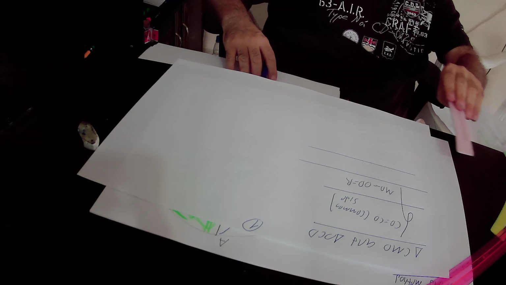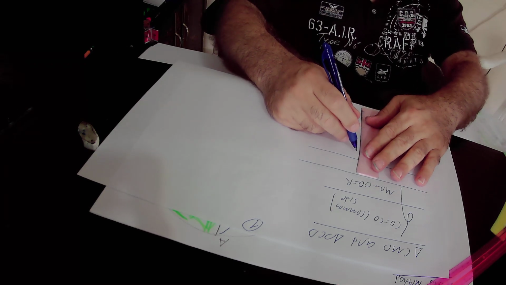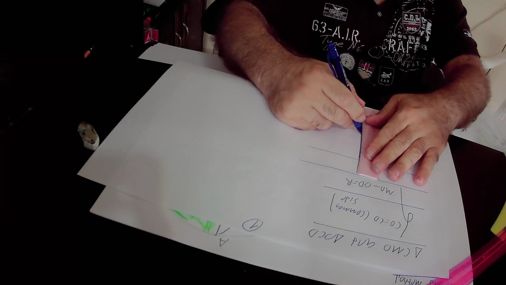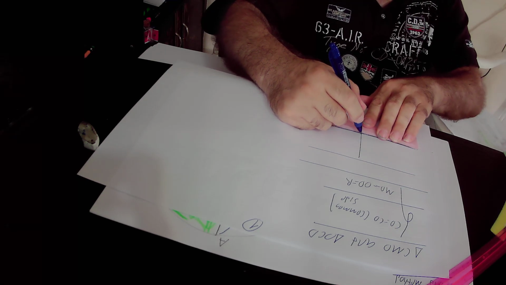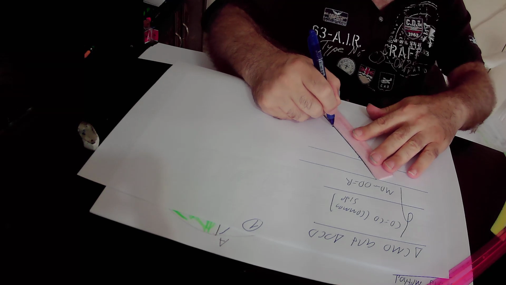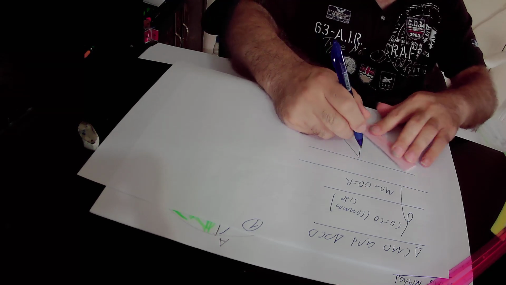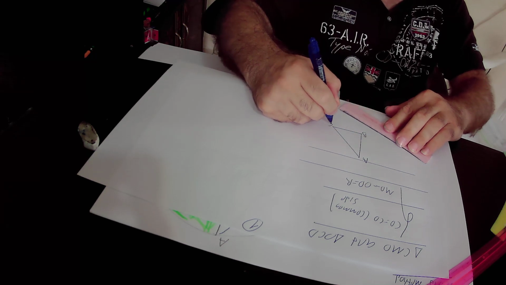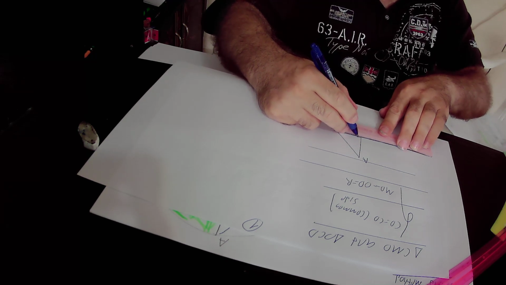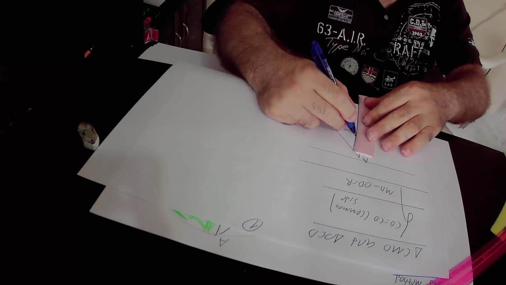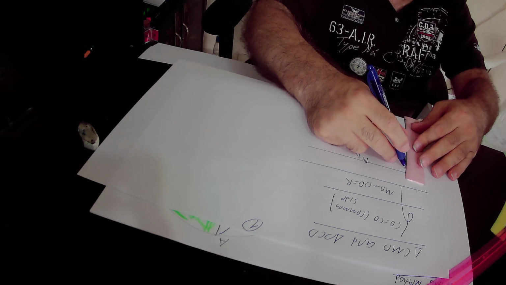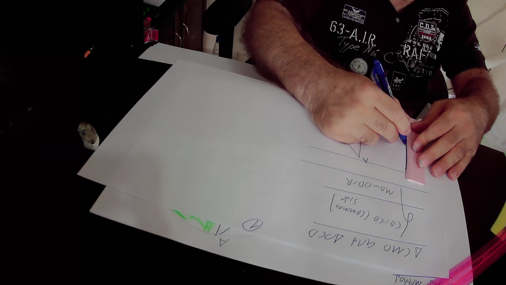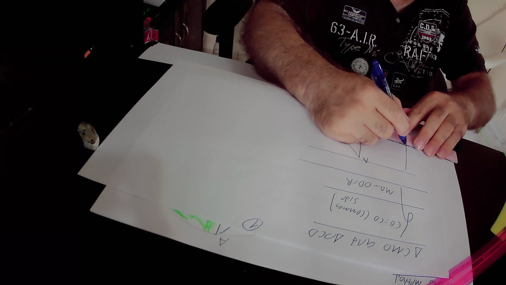For example, if we have two right triangles, the right triangle ABC, this is the right triangle ABC, and we have also the right triangle DEF.